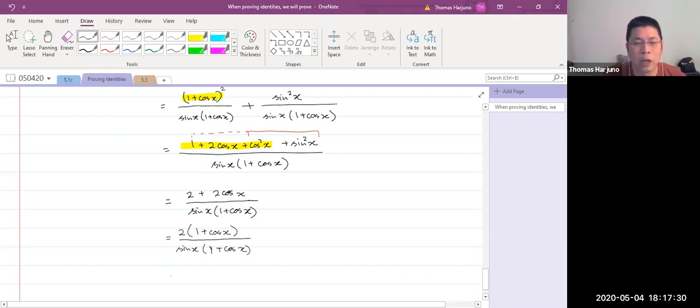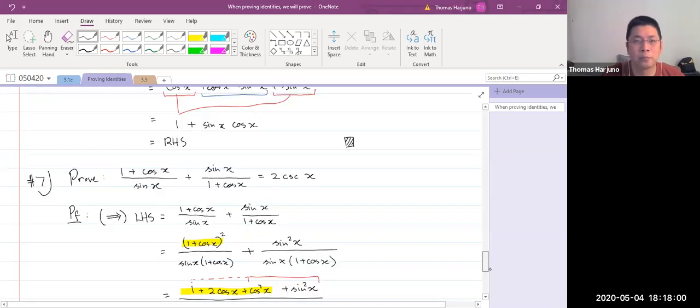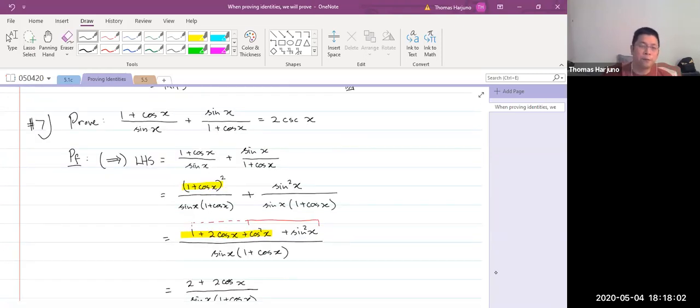So now we get this cancel with this, such that I get 2 cosecant x now, which is what we have on the right-hand side. By the way, that's the first method. That's method 1. I want to show you another method.